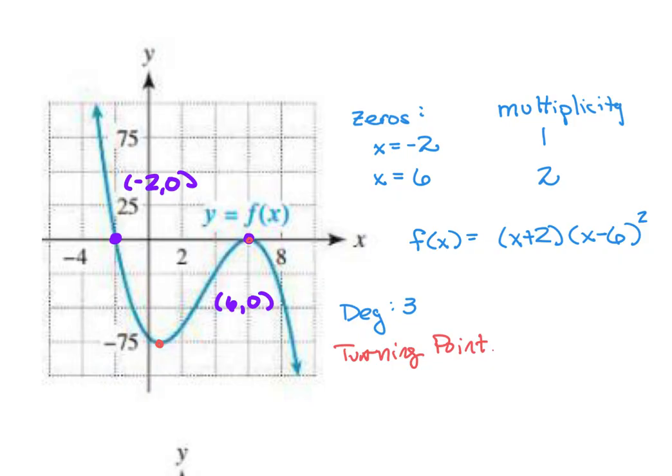The last thing we want to know is end behavior. Remember that with end behavior, we want it to be going up on the left and down on the right. But that's not what I have here. Remember that in order for it to go up on the left and down on the right, we need our leading coefficient to be negative.